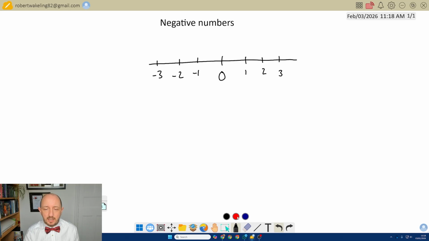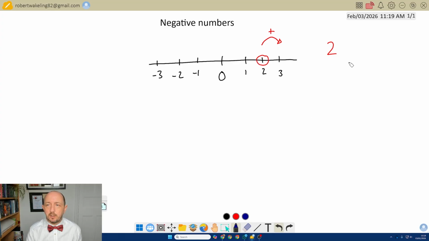Okay, and we're going to start with a number, say 2. Let's start at 2. Now, if I was to add a number to this, like 2 plus 5, then adding will go in this right-hand direction. So we would be adding and going 3, 4, 5 and going in that direction.